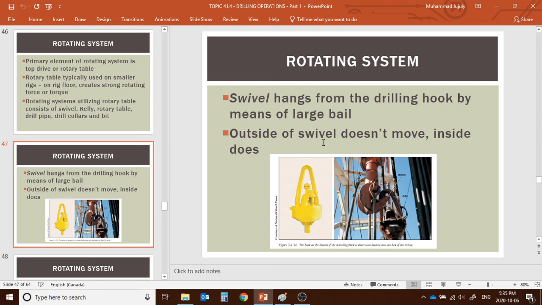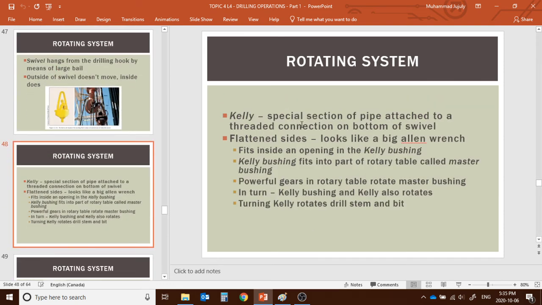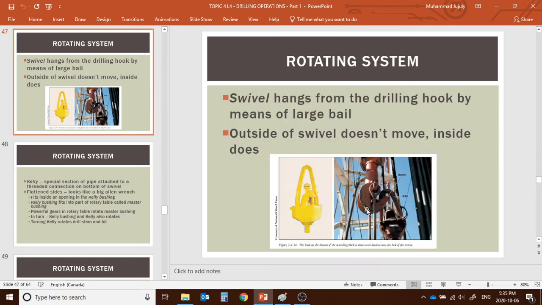The outside of the swivel doesn't move, but the inside of the swivel moves. The Kelly is a special section of pipe attached with a threaded connection on the bottom of the swivel, so when the swivel moves, the Kelly rotates. The outer section of the swivel is connected with the hoisting, which moves up and down, and the swivel rotates. This is the connection between these two.